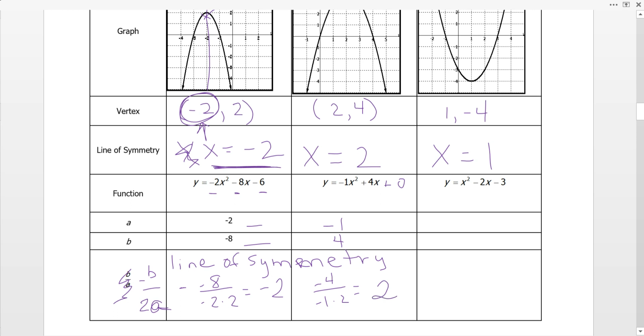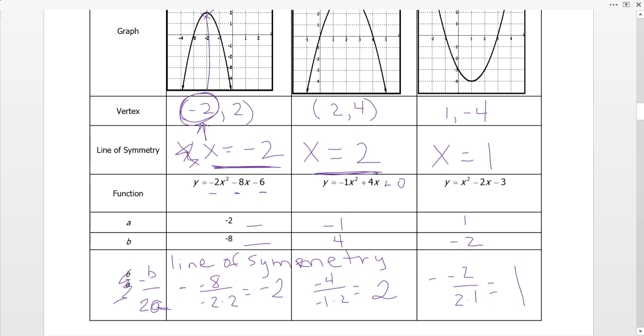And that's the same as what we had up here. All right, last one for this part. A is 1, B is -2. So again, we have -(-2) over 2 times 1. So the negatives cancel out, and I have 2 over 2, which is 1. So it worked out. How about that?